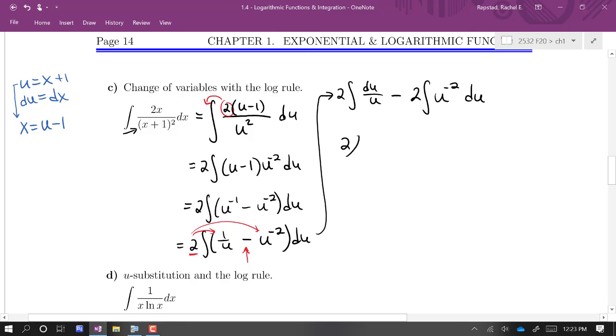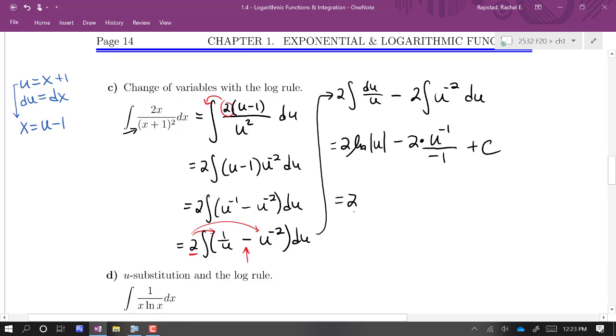So I've got 2 ln of absolute u minus 2 times, now when we apply the power rule here, I'm going to increase the power by 1, so that's a negative 1 power, divide by the new power, and now I have plus a constant. And we're going to simplify.